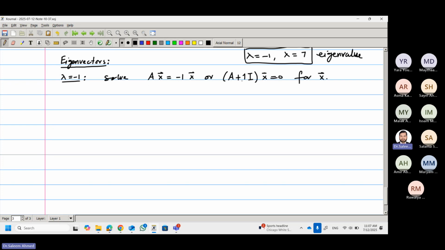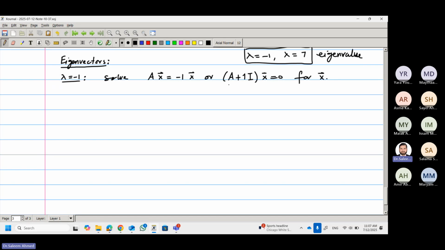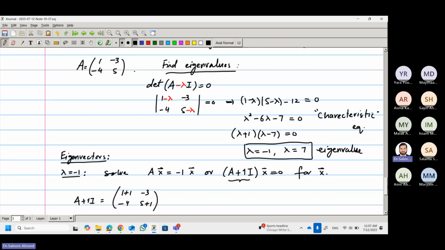Okay. So whenever I solve a homogeneous system, I just take this matrix A plus lambda I, A plus 1 I. Just write 1 plus 1, minus 3, minus 4, 5 plus 1. Adding 1 in the diagonal.